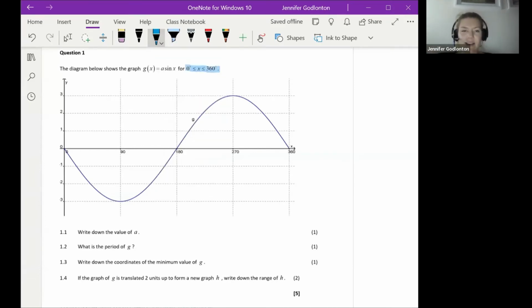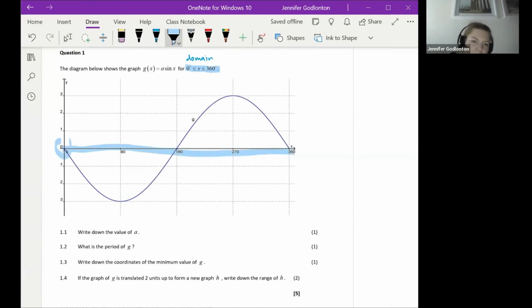So when I see this in a test or an exam, do I panic? No. Good, Emmanuel, it's telling me my domain. All it's telling me is basically what we're seeing here. We're seeing it from 0 to 360. That's all it's saying. So when we see that, we don't need to panic. It's just telling us what we're seeing on this graph.